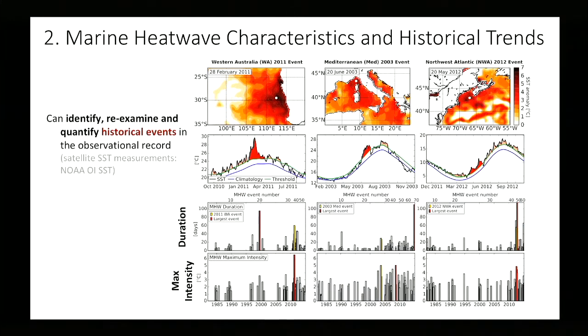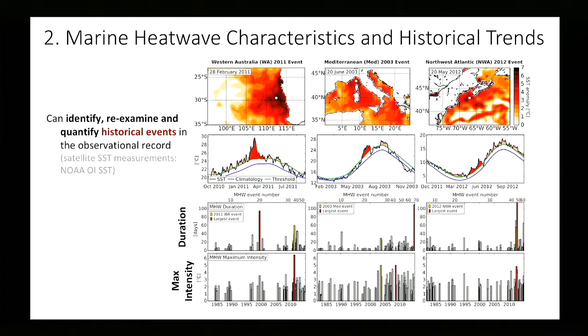So with that definition, we can in effect unify our understanding of the ocean, and we can go back and try to characterize things that people have done in terms of analyses across different sorts of data sets, and give an overview of marine heat wave history if we use a common data set globally.